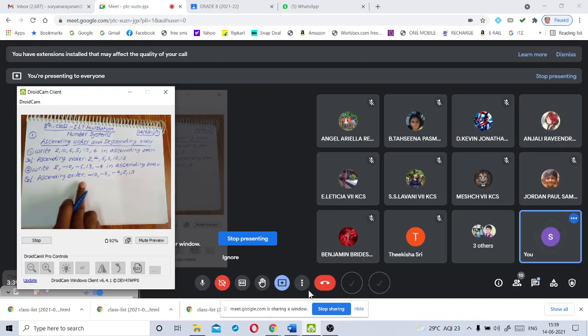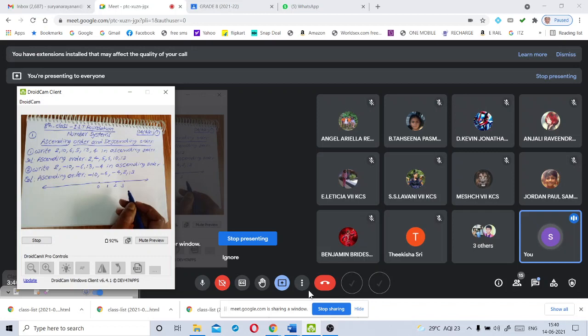See, my dear children, here negative numbers are given, positive numbers also given. We have to write these numbers in ascending order. So, on the number line, how do you represent these numbers? See here, 0 is there, here 1, 2.